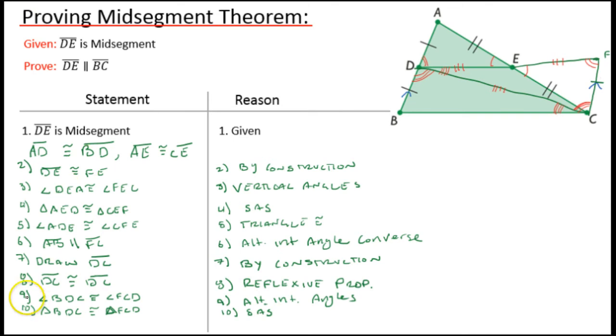So our 11th step is that angle BCD is congruent to angle FDC, and that is by triangle congruency.